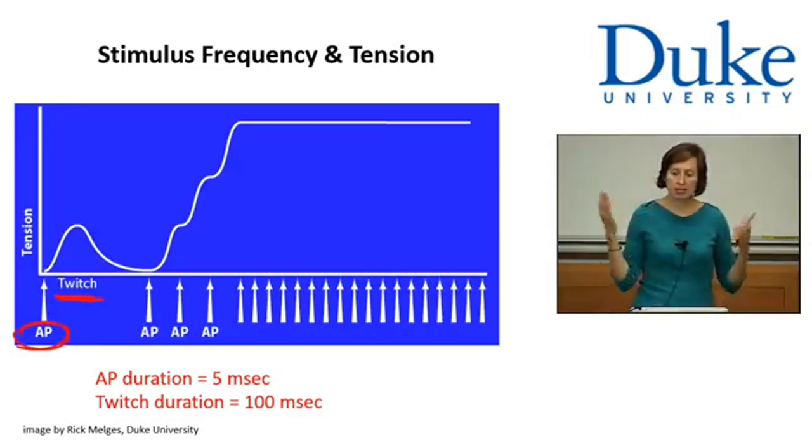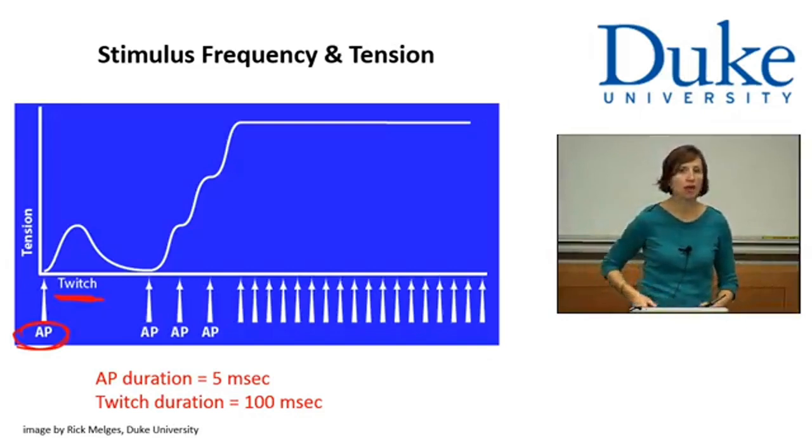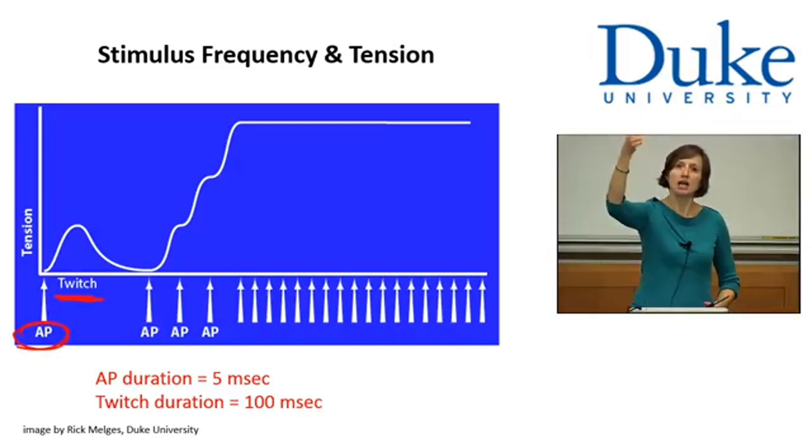And because of that action potential, we'll have a very rapid increase in the amount of calcium in the cytosol, almost a maximal increase. However, the ATPase in the sarcoplasmic reticulum will start to remove calcium very rapidly. So although we have this huge increase in calcium, it's also going to decrease in concentration in the cytosol very quickly as well.